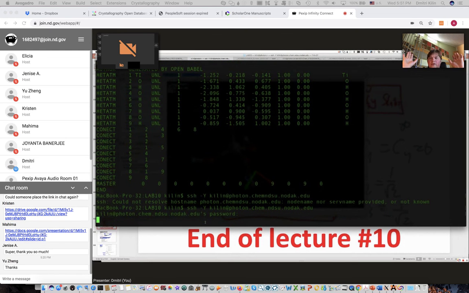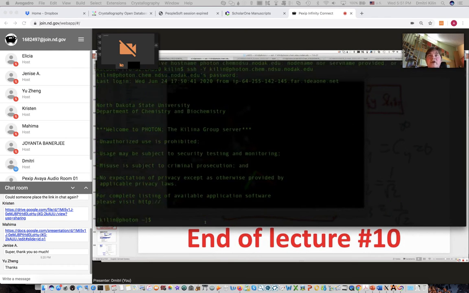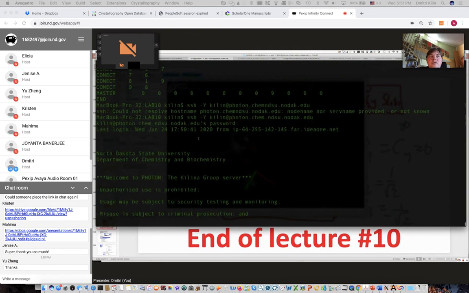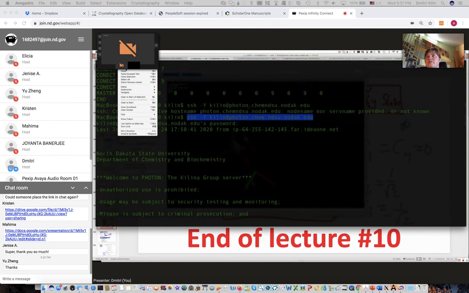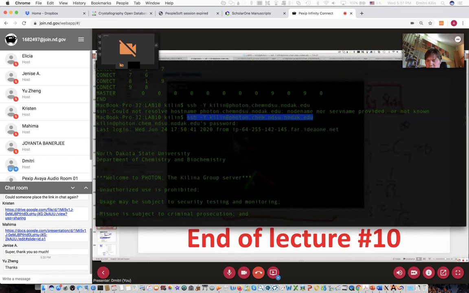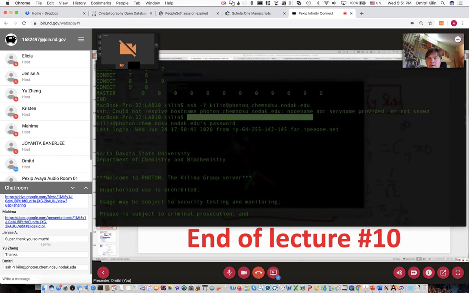Okay, I was lucky to type the password correctly. I know that you all are already certified experts in Linux connections and operations, but just in case, let me copy this command in the chat line.